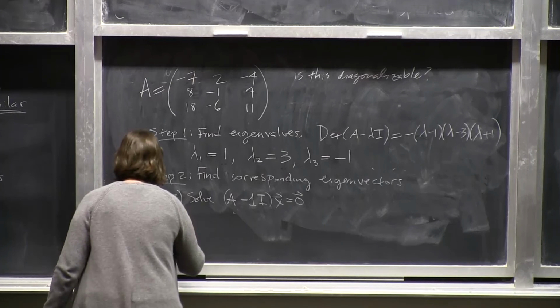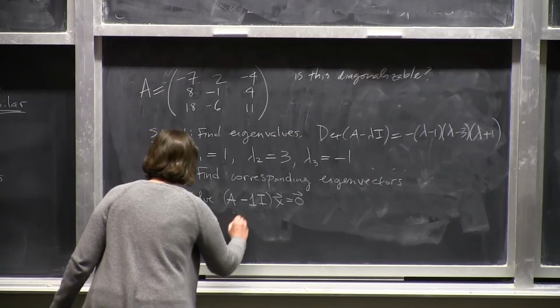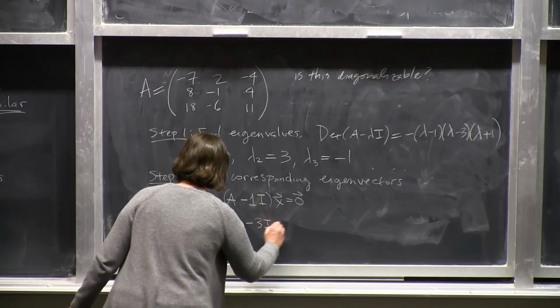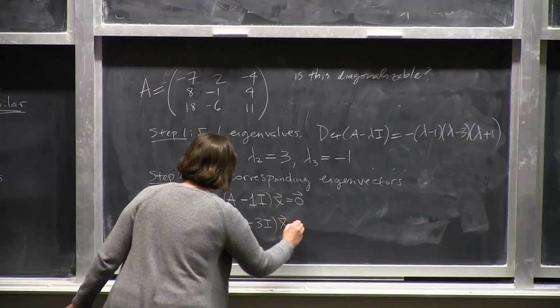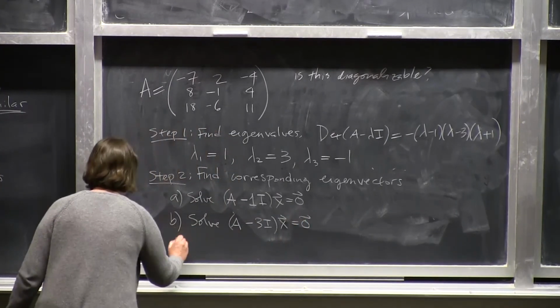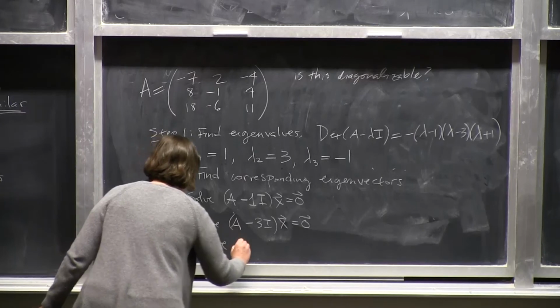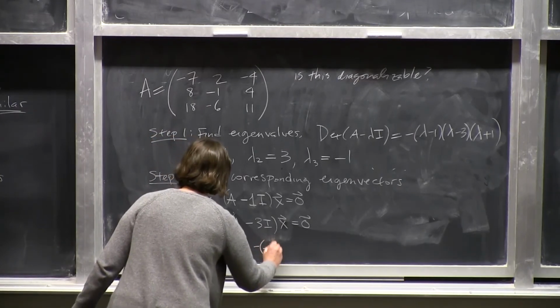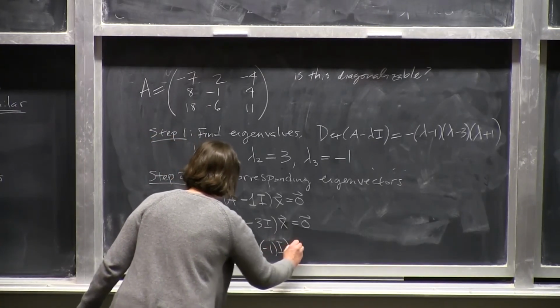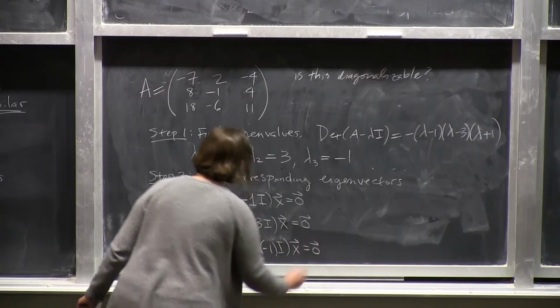Then I had to solve A minus 3 times the identity times x equals 0. And then I had to solve A plus 1 times the identity times x equals 0.